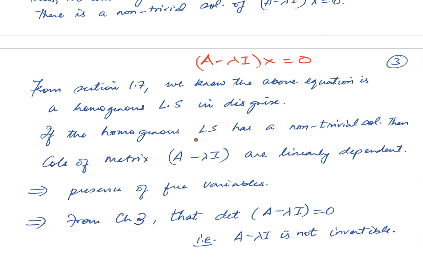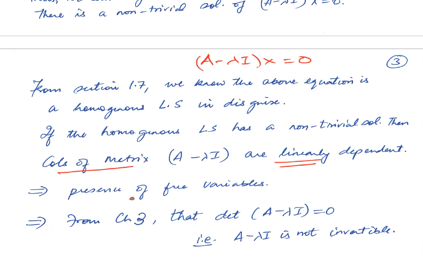Now, if the homogeneous linear system has a non-trivial solution, go back to the theory we learned there. What does it say? It says that the columns of this matrix are linearly dependent. So if you have a homogeneous linear system with a non-trivial solution, that means the columns of that matrix are going to be linearly dependent. What does that tell us? That we're going to have free variables.